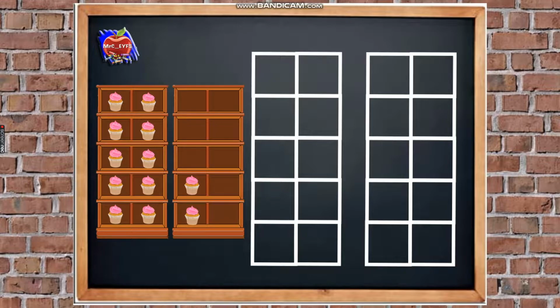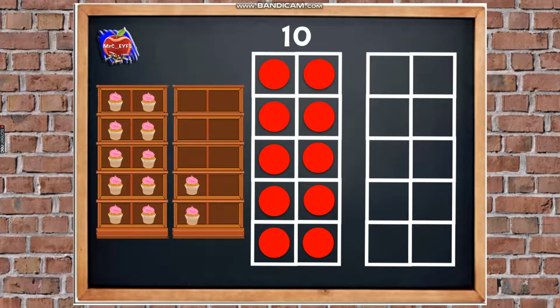So what I'm going to do, I'm going to represent the cakes as counters. So in the first frame, it's full. And when a tens frame is full, how many are there? 10. Excellent. So let's put our 10 in there. And then we've got 2 more in the other frame. So let's put our 2 in there. Now we've got 10 and we've got 2.